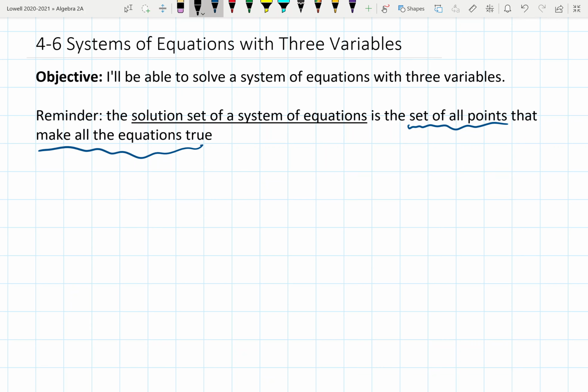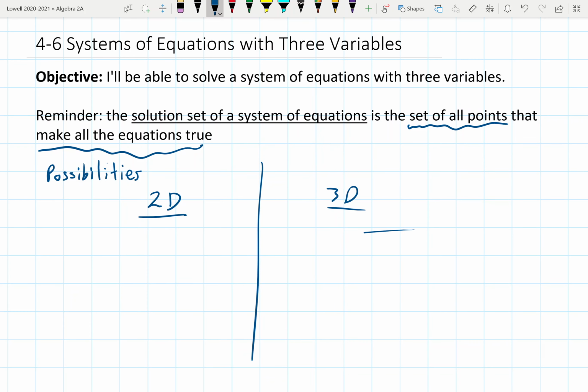Alrighty, so let's do a little comparing and contrasting between 2-dimensional systems and 3-dimensional systems, 2D and 3D. And what I want to do is show the possibilities of systems.